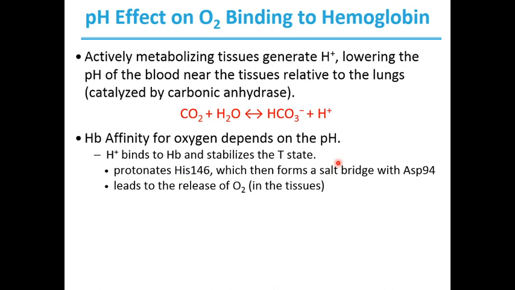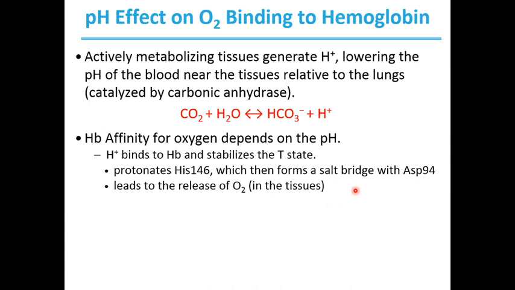Do you know what T state is? It is the low affinity state for oxygen. The way it does this is by protonating a histidine, His 146, which then forms a salt bridge with aspartate 94. This leads to the release of oxygen in the tissues.